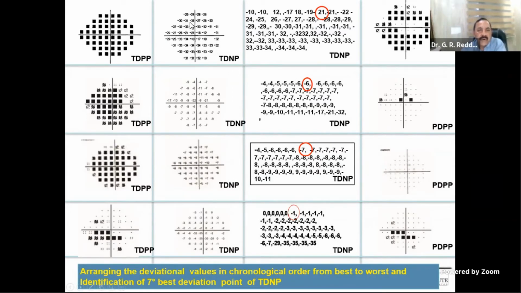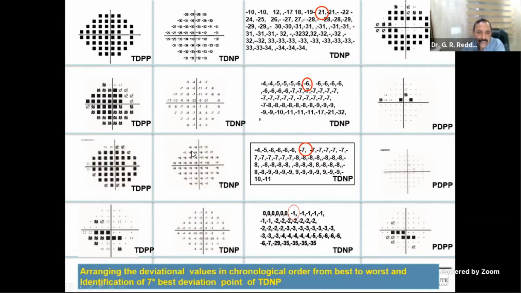In all the total deviation numerical plots, you arrange in chronological order. In this one, all are minus, and the best deviation point is -10, and the worst deviation point is -13. Here also, all are minus. There is no zero. There are no better points. The best point is -4, and the worst deviation point is -13.